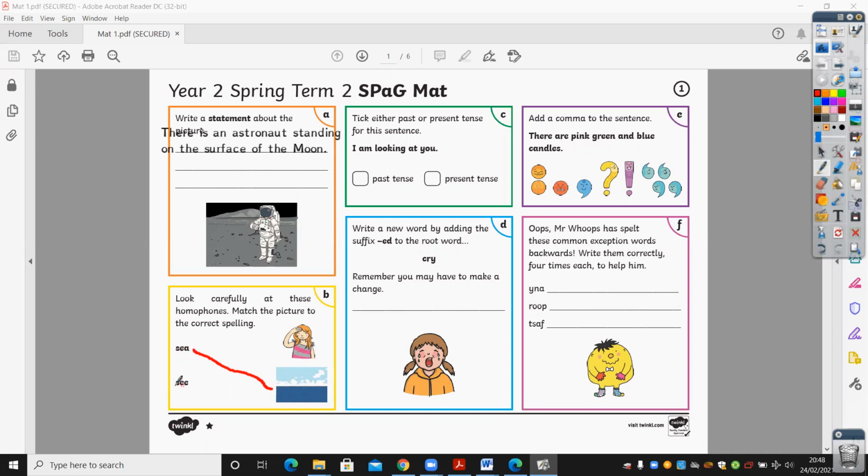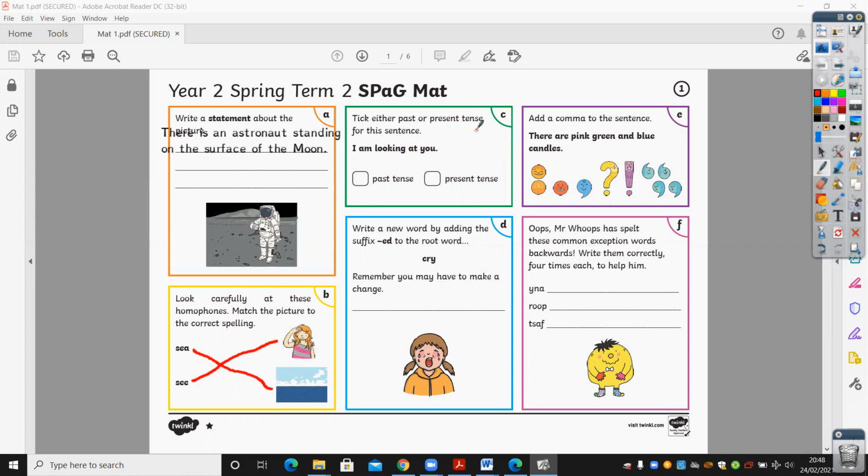Now, see with S-E-E, double E, is the seeing that we do with our eyes. So we see with our eyes. And they're both homophones because they are written differently, but we pronounce them the same.